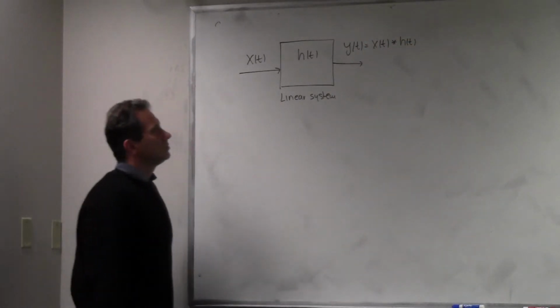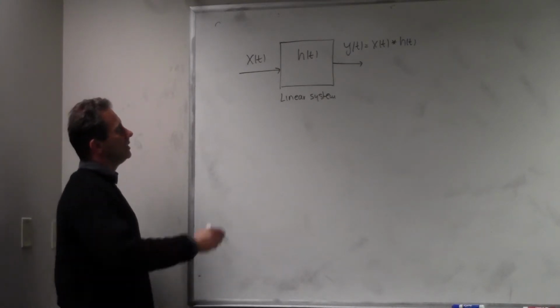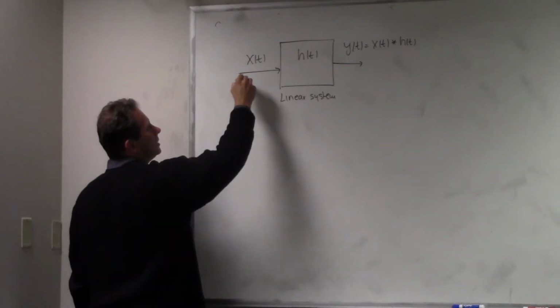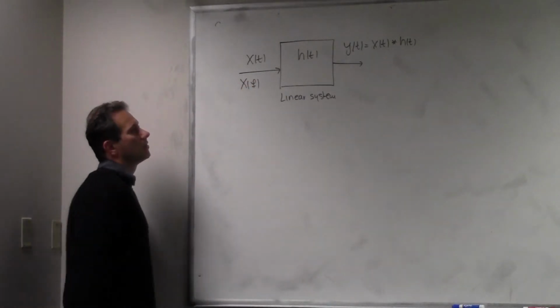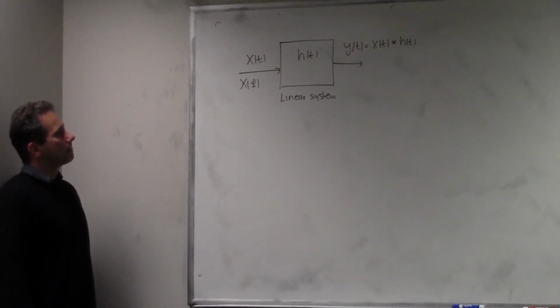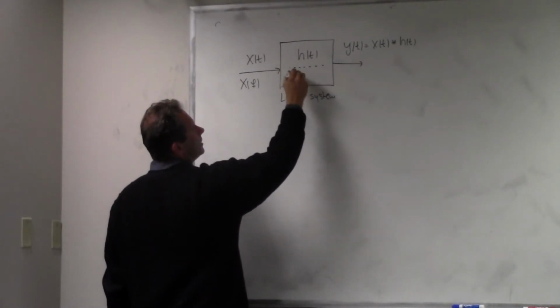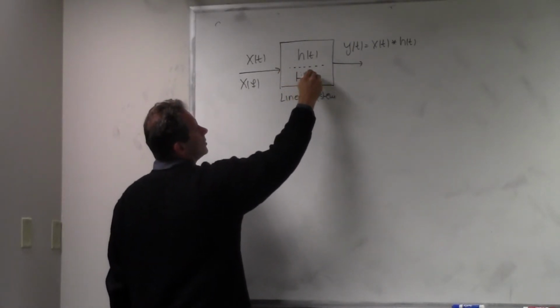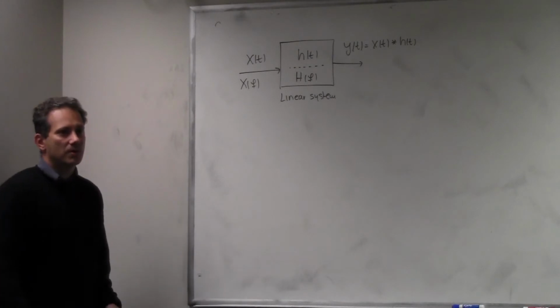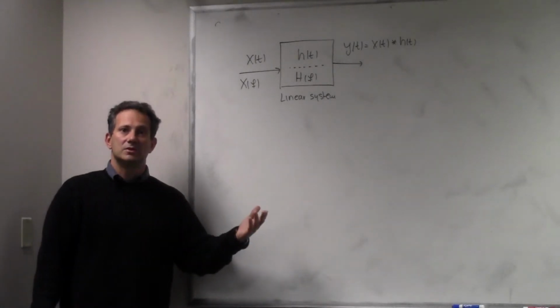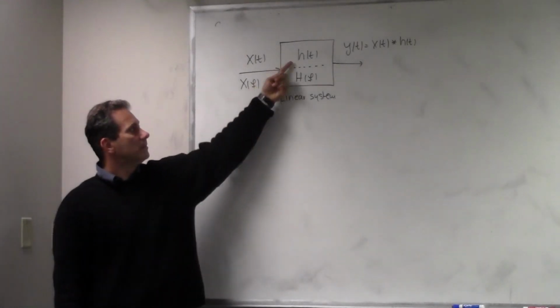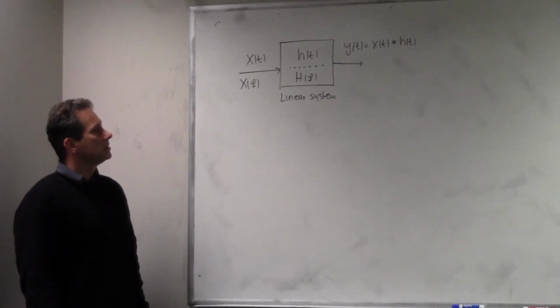If I choose to work in the frequency domain, then the equivalent would be h of f, which is the Fourier transform of my input signal. The description of h of t will be given through h of f, which is the Fourier transform of the impulse response, which we call the frequency response. Right? The Fourier transform of the impulse response is the frequency response.